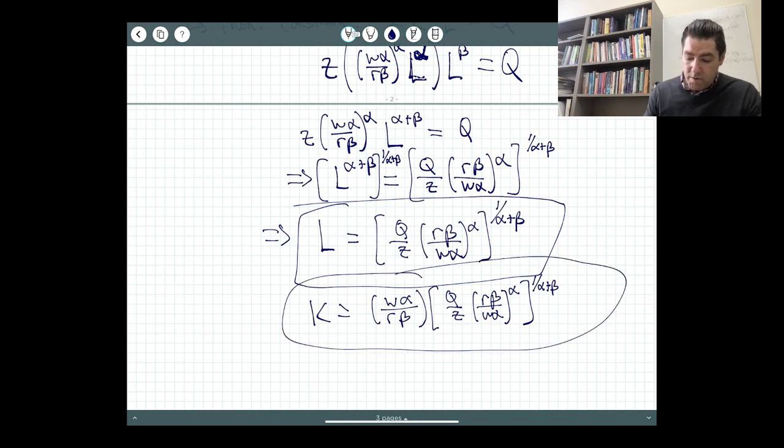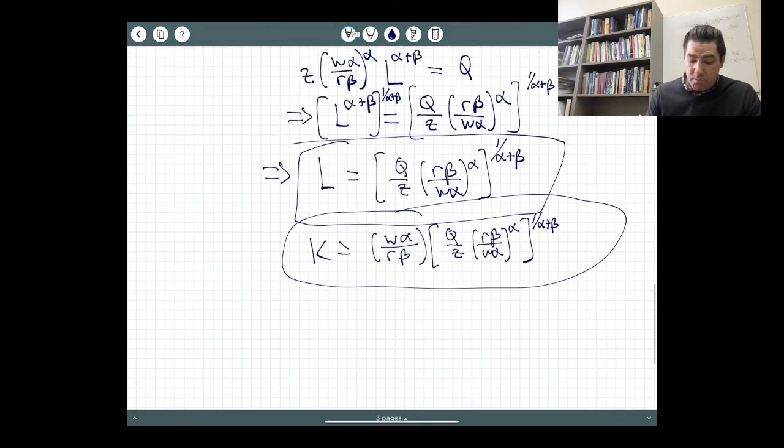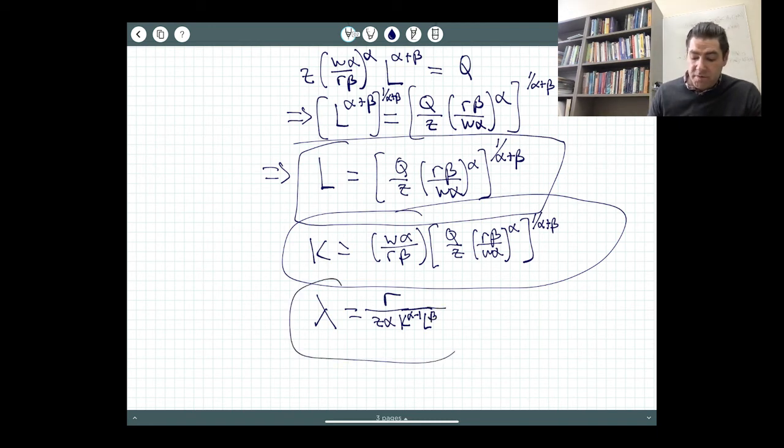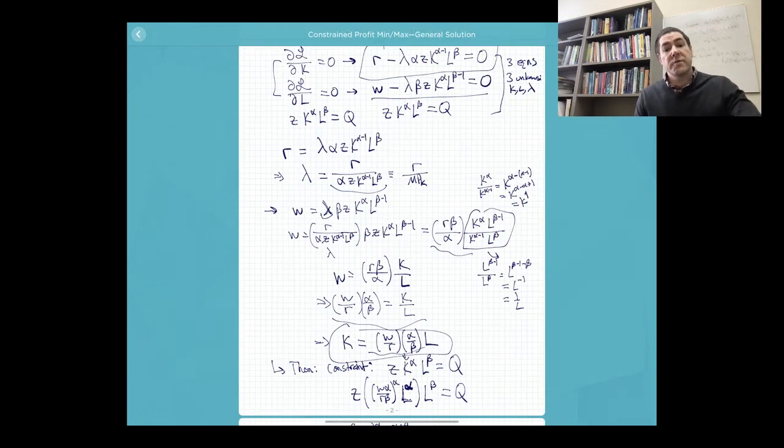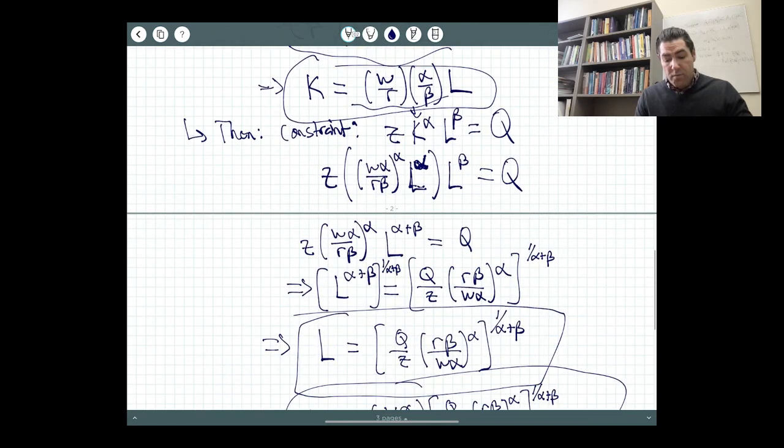And of course, I've got this term in there, the W alpha over R beta, which I could simplify and combine the terms, but I'll just leave it at that for now, and we have a solution for K and L. And given those solutions, we could plug it into this form, if we wanted to, and find the specific value of the Lagrange multiplier, which in one of the other videos we will actually take a look at, as that value can be interesting.